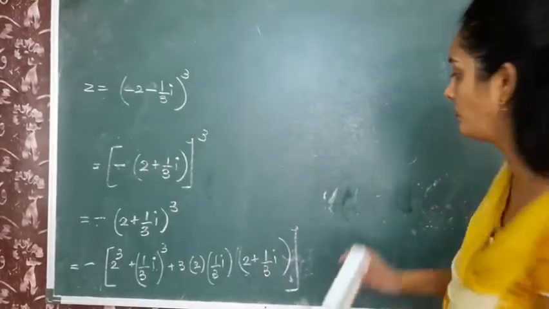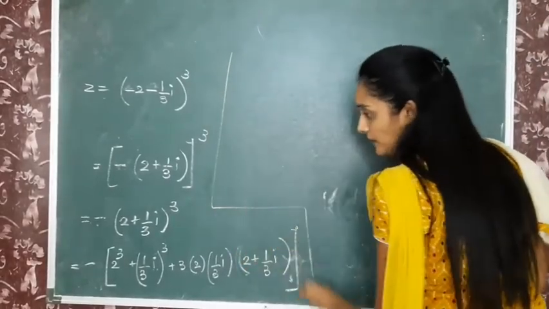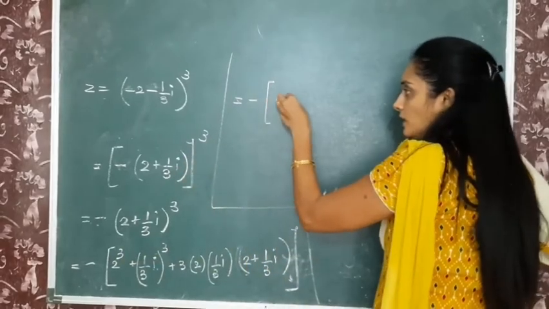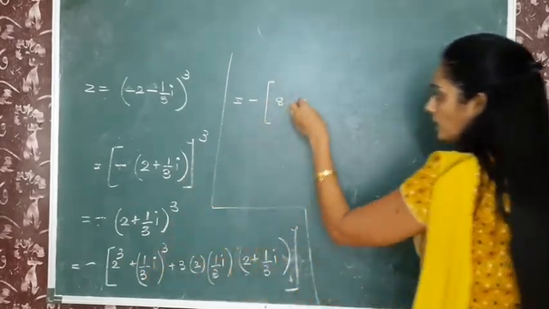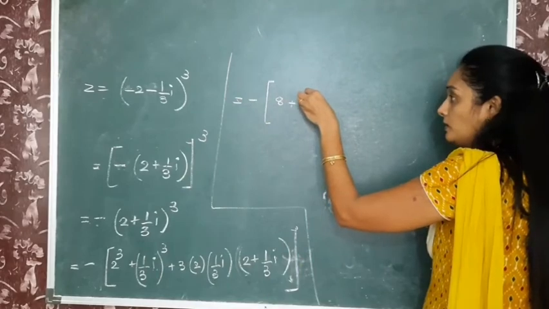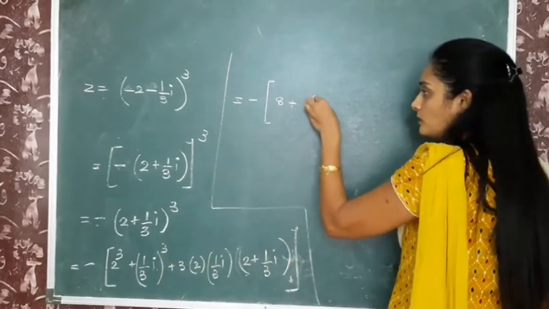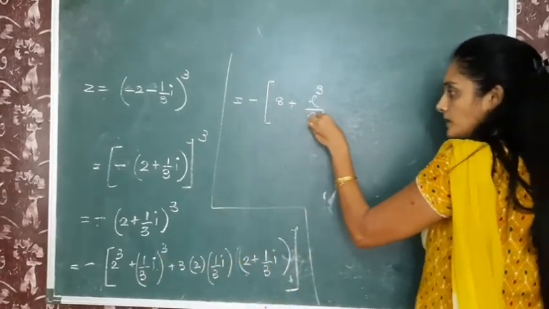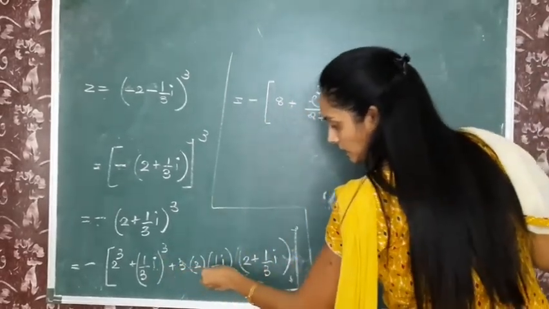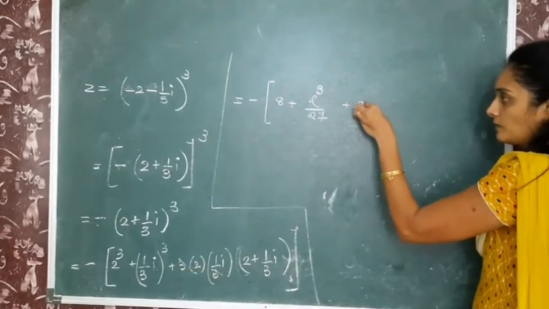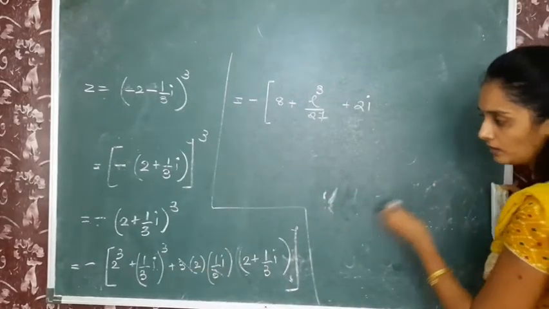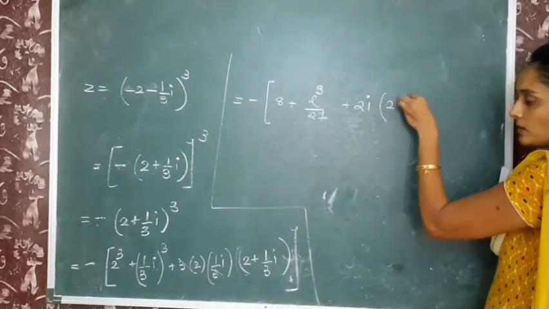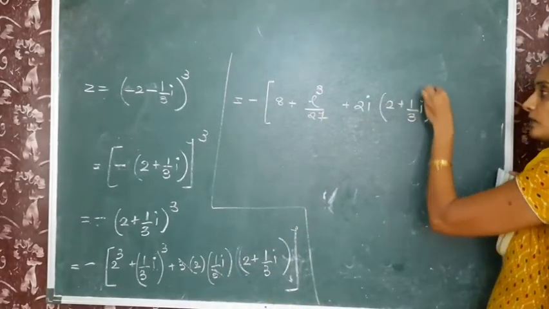Now 2 cube, the minus sign is as it is. 2 cube, so 8, plus 1, that means i cube by 3 cube, so 27. Here 3 and 3 cancel, so plus 2i, and in the bracket 2 plus 1 by 3.